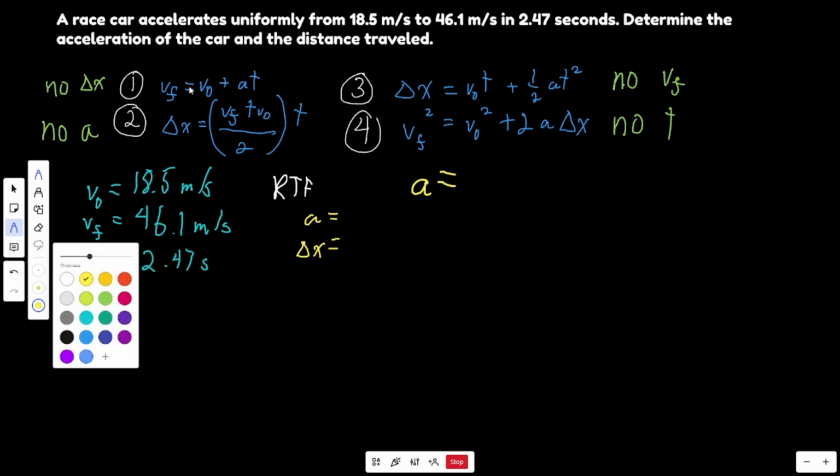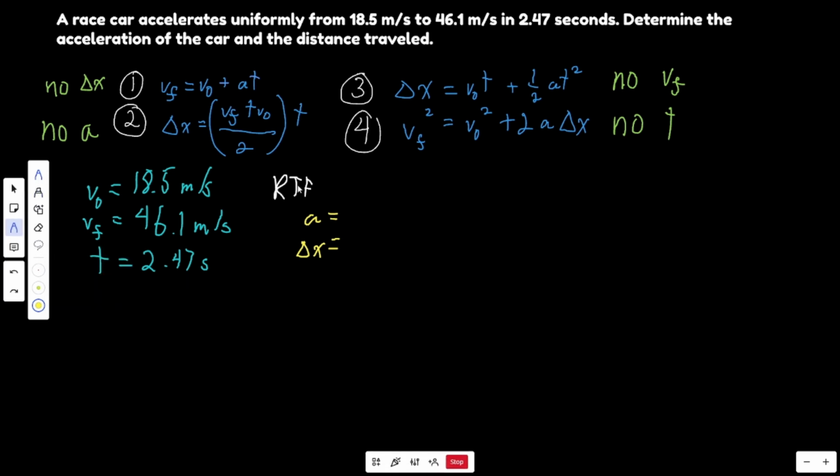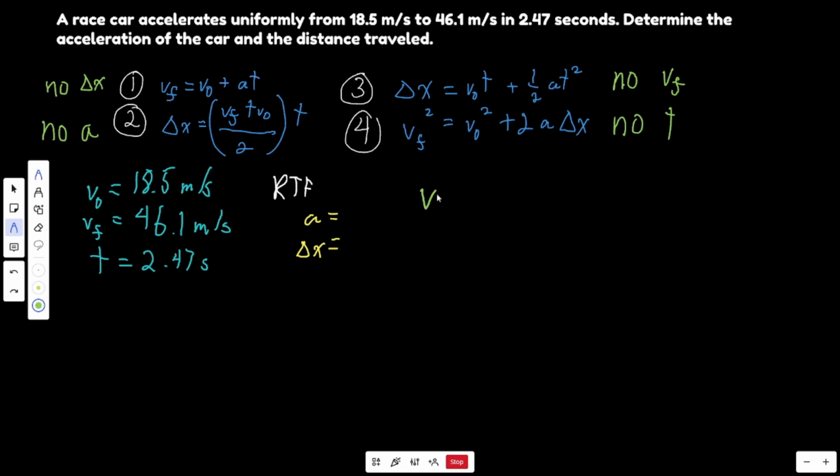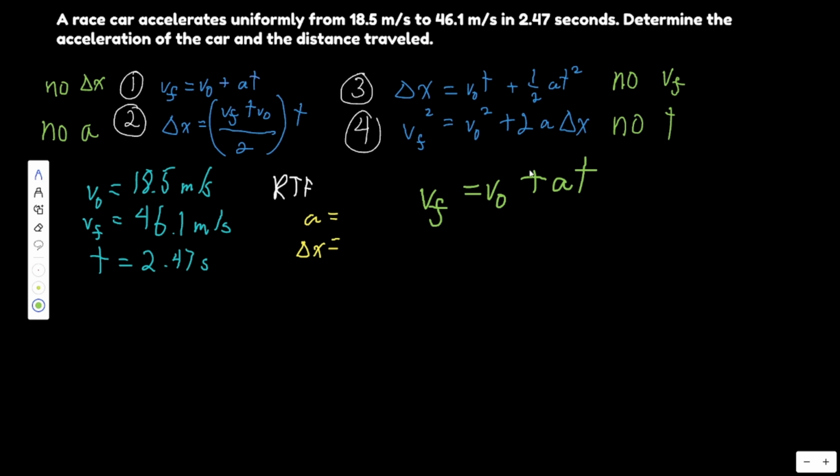if we reorganize this equation here. Actually, allow me to show you guys how to reorganize that equation. We're given equation number 1, which is vf equals v0 plus at, and we want to get a alone. First, we're supposed to isolate that term.